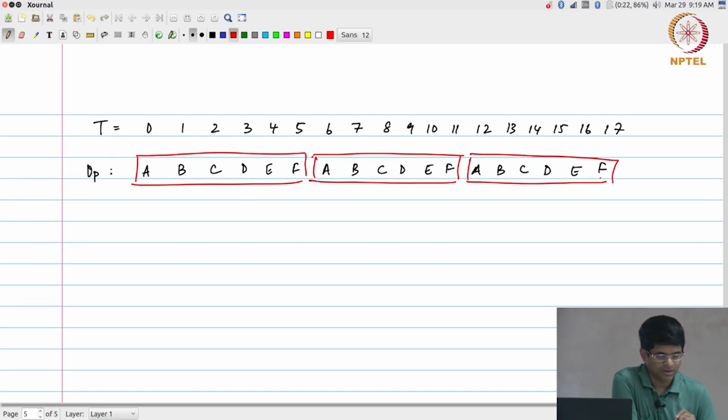Right. The problem with this is my dependencies, right. I cannot have A0 and B0 or Ai and Bi happening one after the other. This is basically not possible, right. There would be a dependency violation over here.